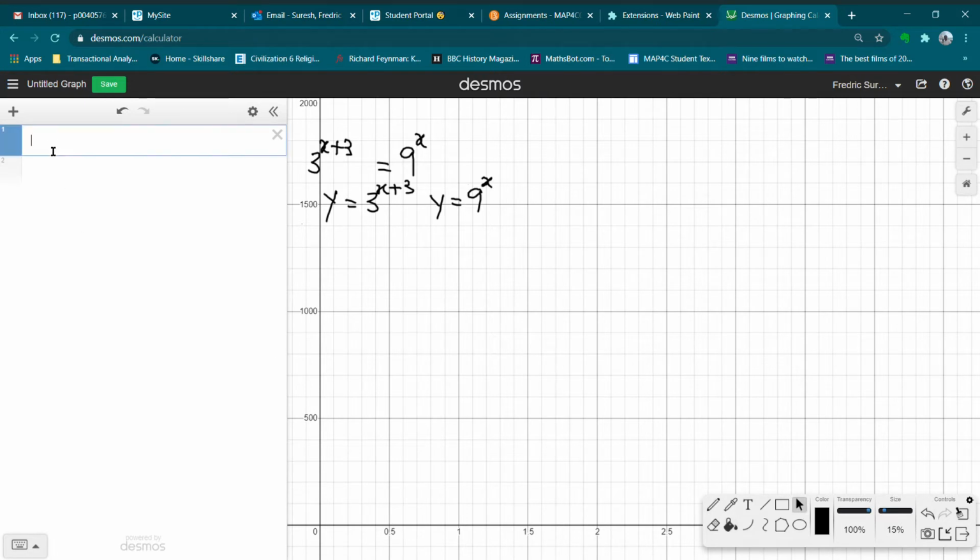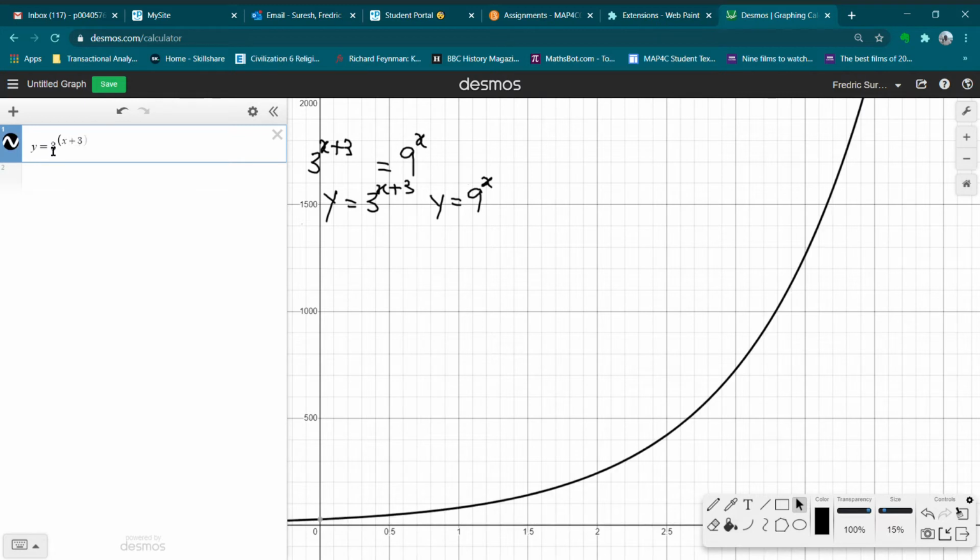You have y equals 3 to the power of x plus 3, and plug the second one in, y equals 9 to the power of x.